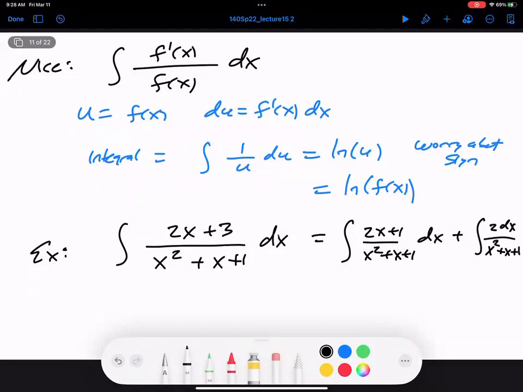So I've split the numerator 2x plus 3 into 2x plus 1 and 2. Why would I do that? Yeah, so the first one now just becomes the natural log of x squared plus x plus 1.